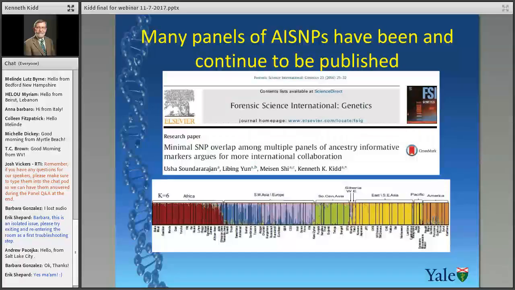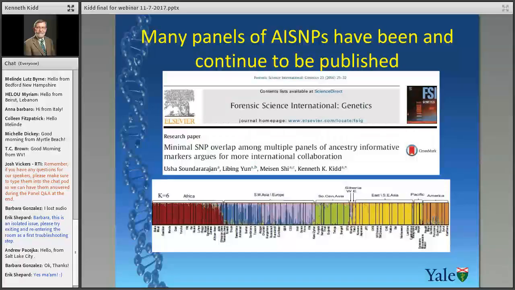We looked at 21 different publications a couple of years ago and found that there were only 46 out of 1,300 unique SNPs. Only 46 were common to 3 or more of the 21 populations.